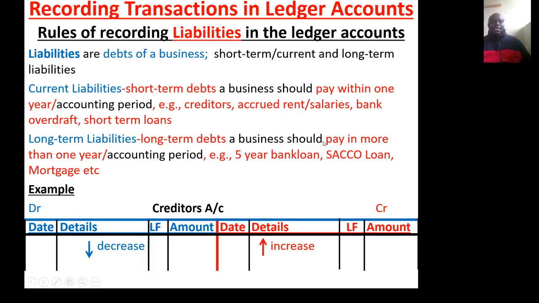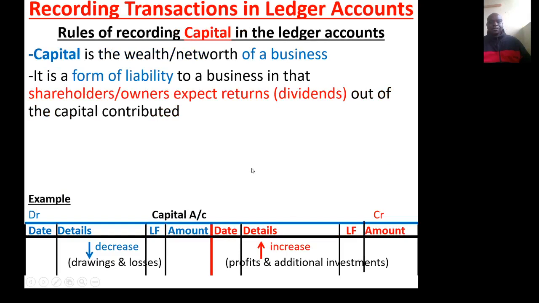These are debts that a business should pay in more than 1 year or accounting period or financial period. For example, if you take out a loan from a bank and you've agreed to pay it in 5 years.